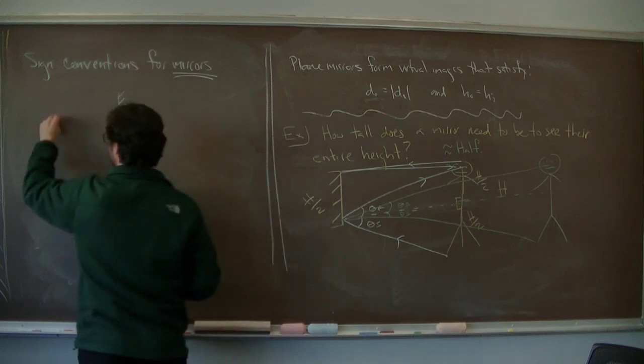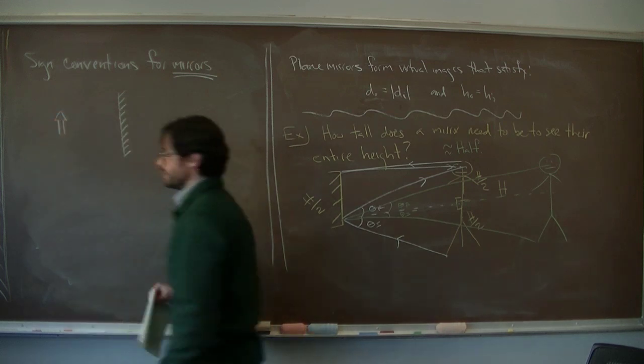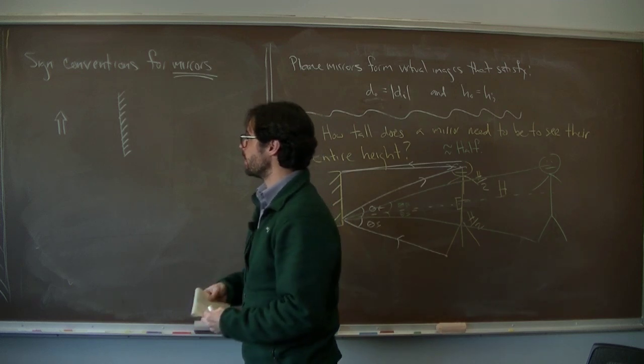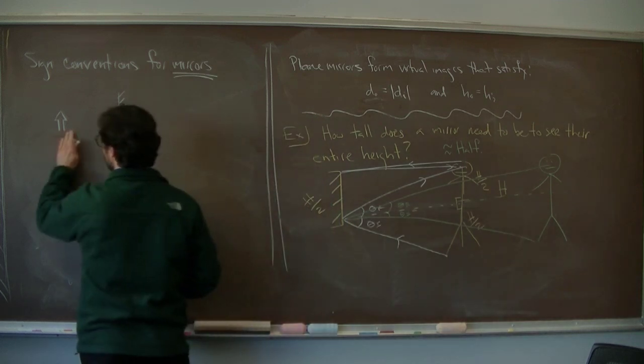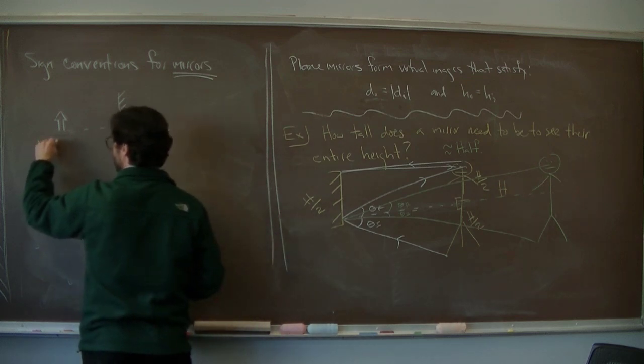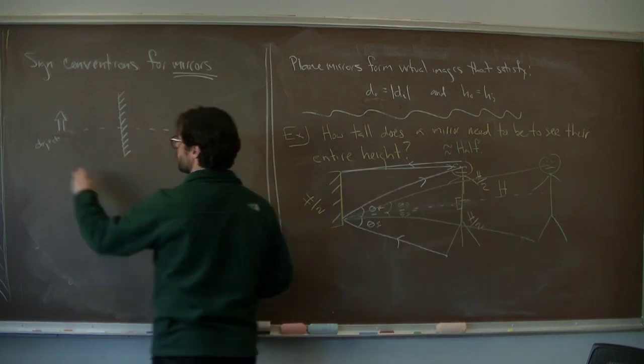are that there's a positive side and a negative side, and a positive direction for up-down and a negative direction for up-down. And they're completely defined by the object itself. So here's the object. If the object looks like this, then that means that this is the positive side.